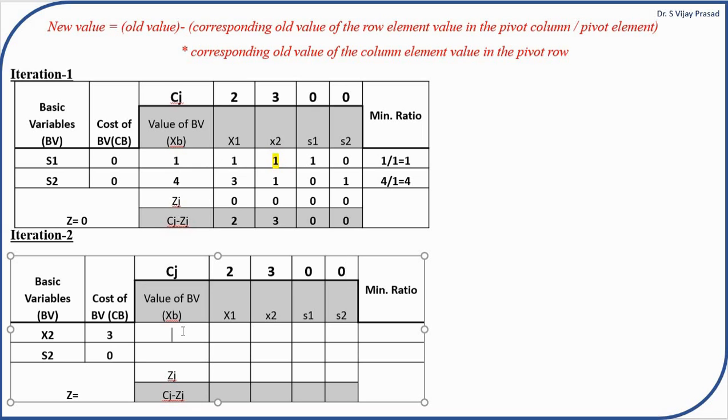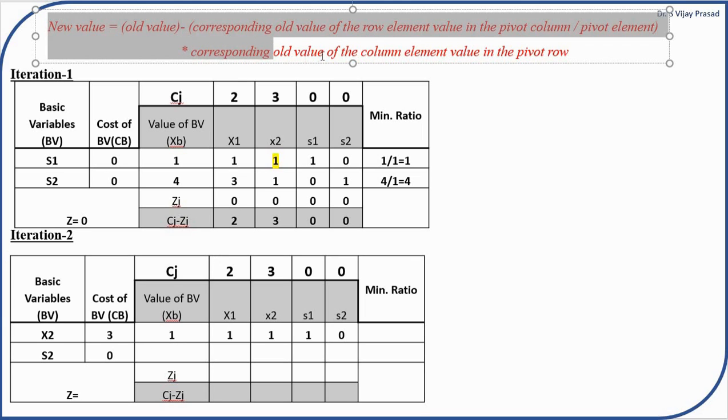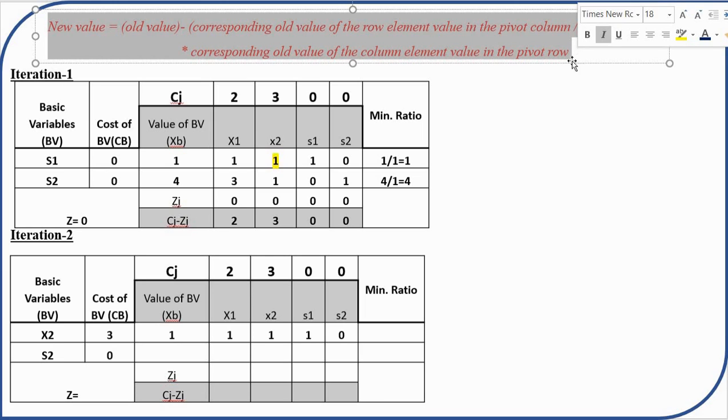So here I get 1, here also 1, here also 1, and this is 0. The rest of the values we are going to calculate by the formula which I have written here.